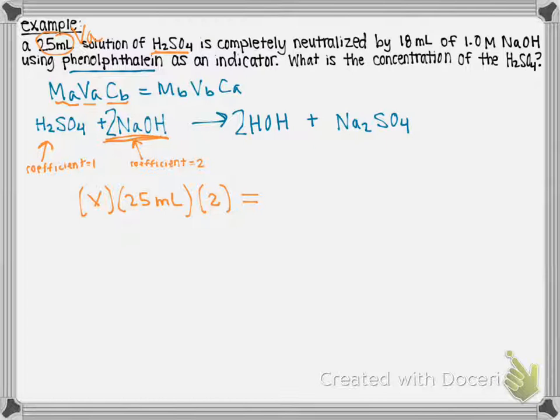So reading in the example, it is completely neutralized by 18 milliliters of 1.0 molar NaOH. So that is your concentration, that's your molarity of the base, 1.0. So that's your MB value. And volume of the base, 18 milliliters, that's your VB.